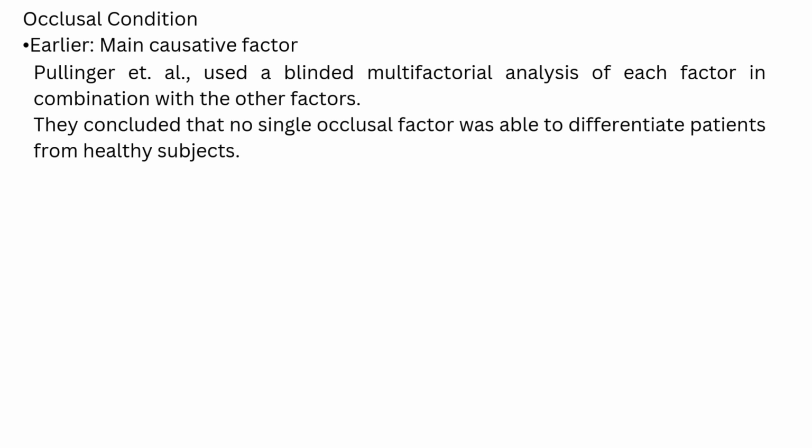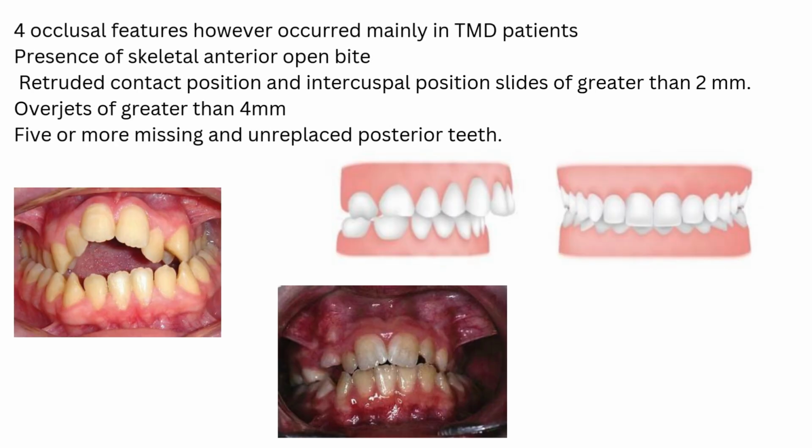Other than that, many of the patients who have TMD have these four major occlusal features, or one of them: presence of skeletal anterior open bite, then five or more missing unreplaced posterior teeth, then overjet of greater than 4 millimeters, and lastly retruded contact position and intercuspal position slides of greater than 2 mm.